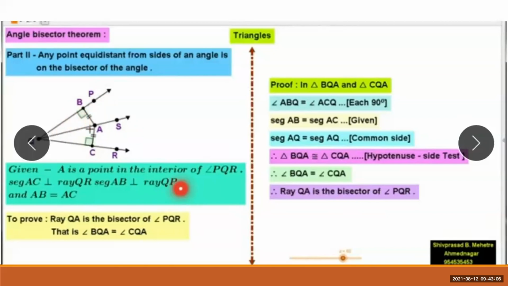And as it is given that the point is equidistant, we can also write AB is equal to AC. So that is all given. Now we have to prove that ray QA is the bisector of angle PQR.